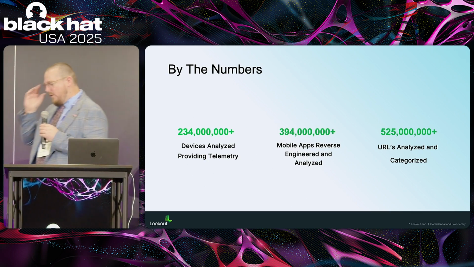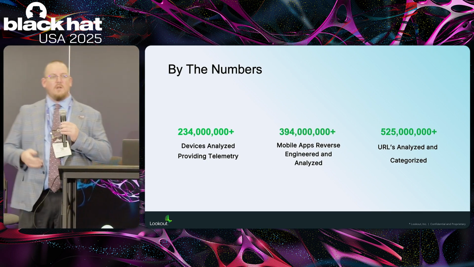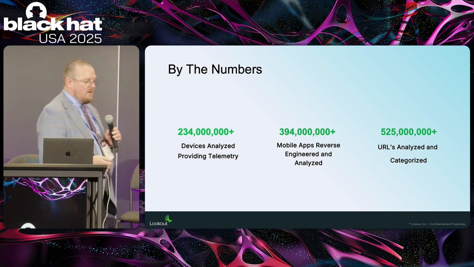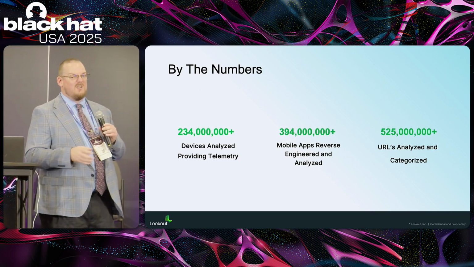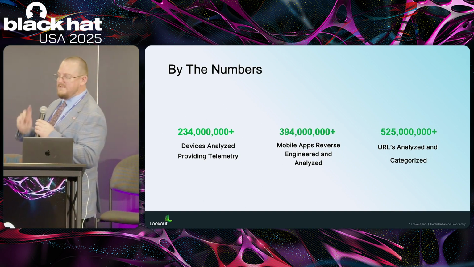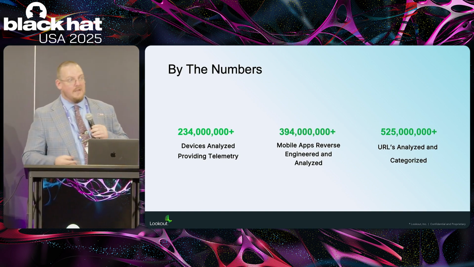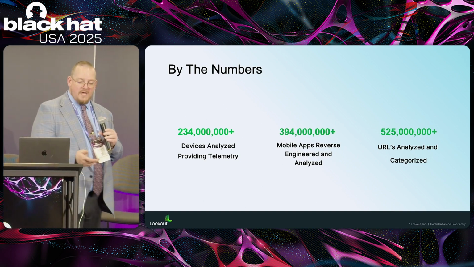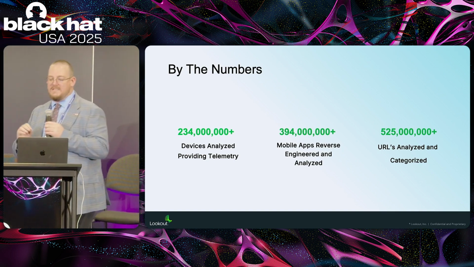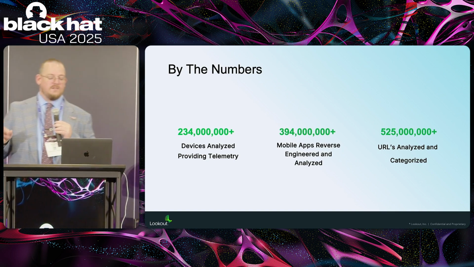We've also done reverse engineering of over 394 million mobile applications. We have some partnerships giving us access to a lot of those applications, but we're also using web crawlers to grab mobile applications and then doing static and dynamic analysis to see what these applications are doing, how they're behaving, and, more importantly, what attackers are doing from that same perspective.